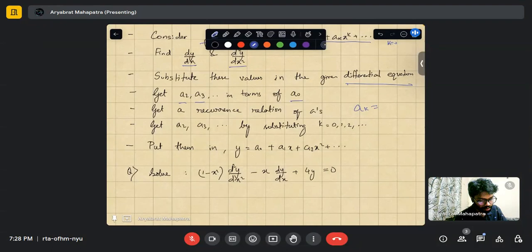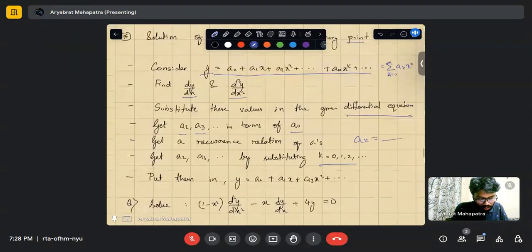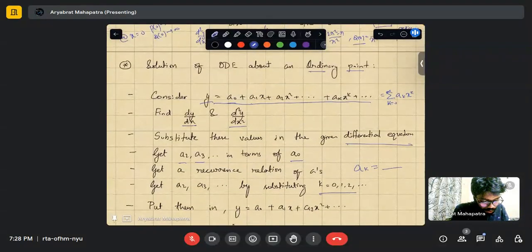So you will determine what ak is from here, and once you get this ak, you will check for different values of k, and you will basically get all these unknown coefficients a0, a1, a2, ak, which we put in our answer.